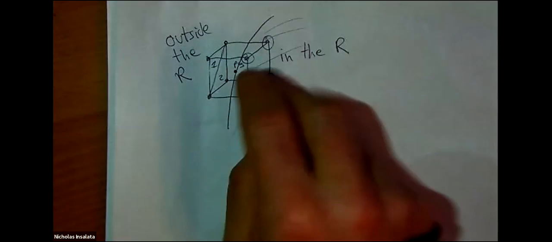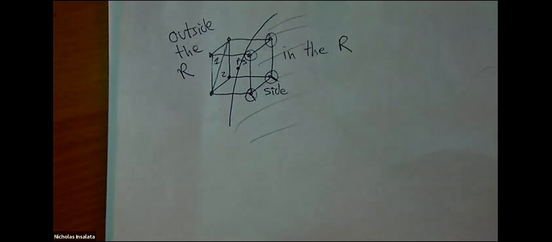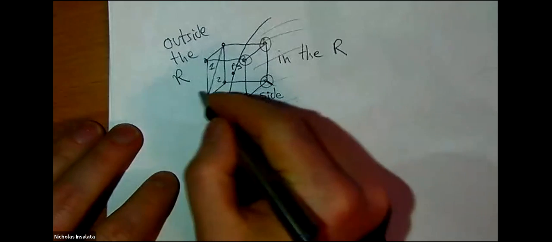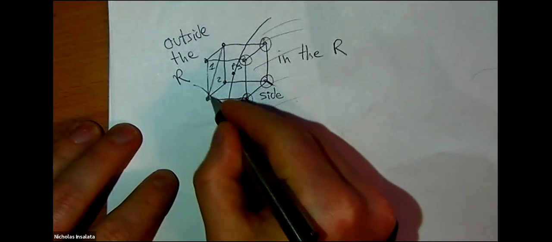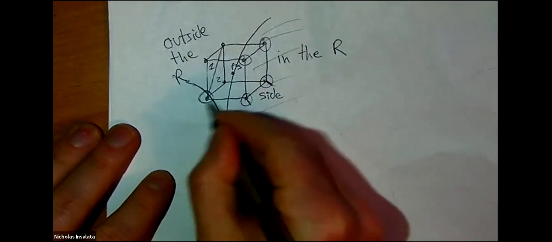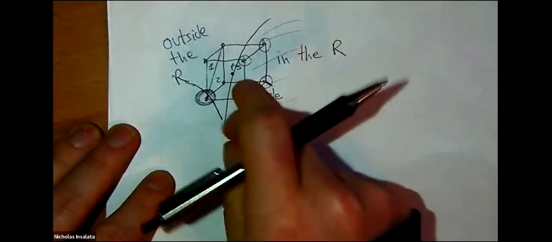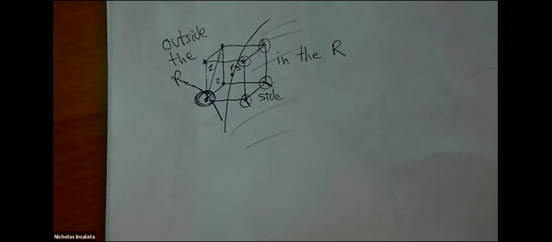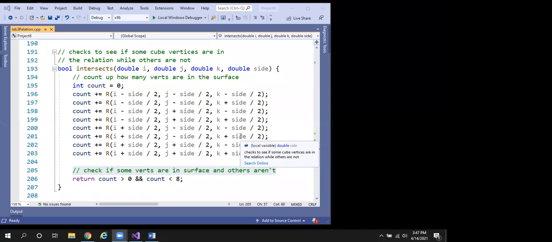Now it could be 4 and 4, or maybe my cube is on the surface here and I have only 1 corner inside the surface and 7 outside. That's fine. I would still draw it. Let me show you the code. I have this Boolean function, Intersects.